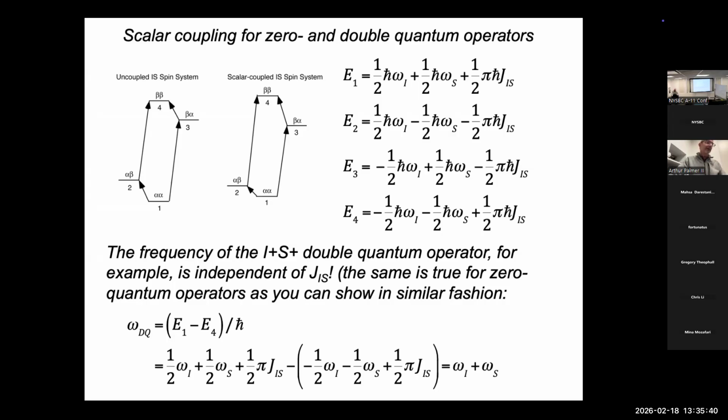Where you're building up the HNCO experiment, the coherence transfers in the beginning are just the one-bond couplings. But it turns out there are scalar couplings across the hydrogen bonds that are quite weak.